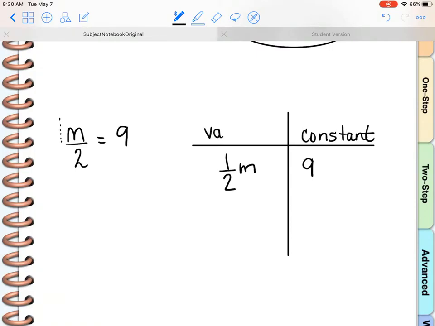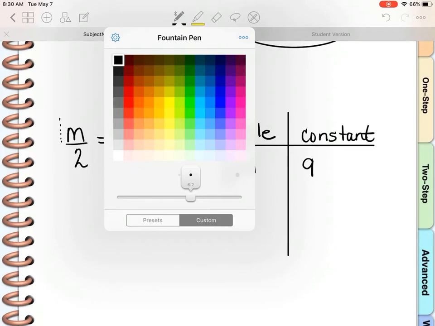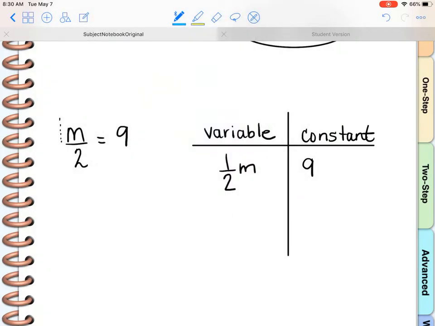And this is variable. So to move this fraction, we need to do the inverse, or the reciprocal of the fraction. And if we do it to one side, we must do it to the other. Cancel.